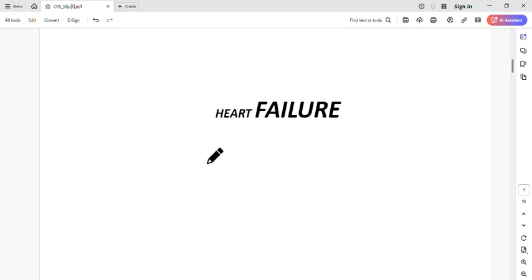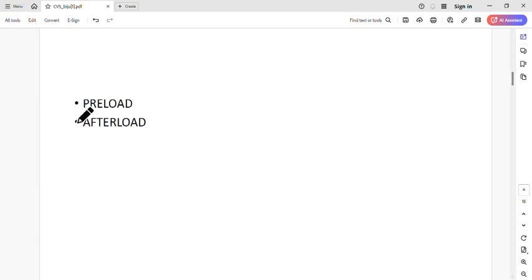Before understanding heart failure, you must understand preload and afterload. And before that, you must understand venous return. Venous return means how much blood comes back through the inferior vena cava and superior vena cava.